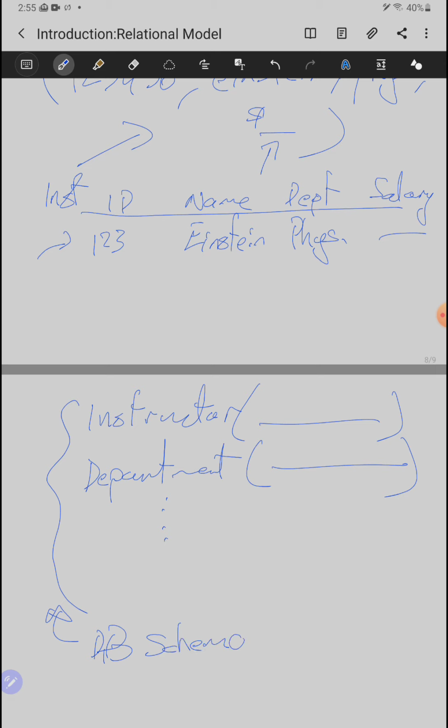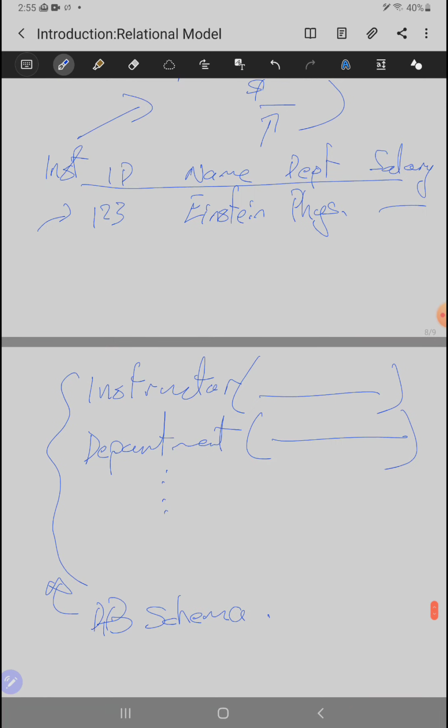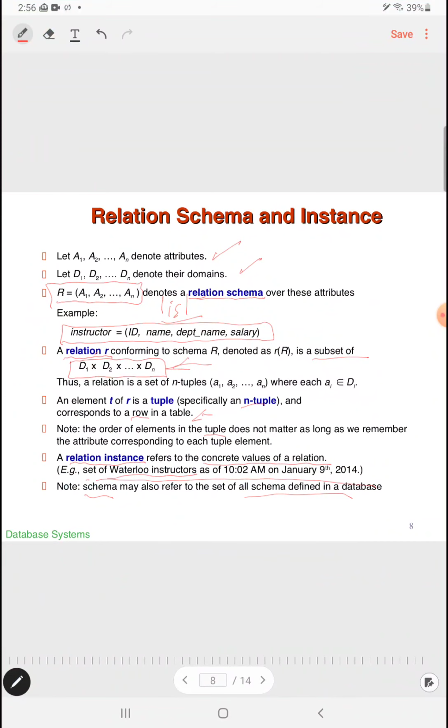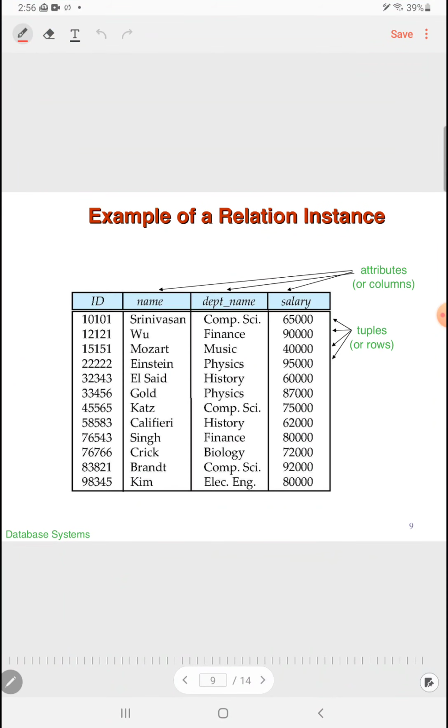We do not tend to distinguish between the particular one relation versus all of the relations in the set. We tend to use the word schema to cover them all.